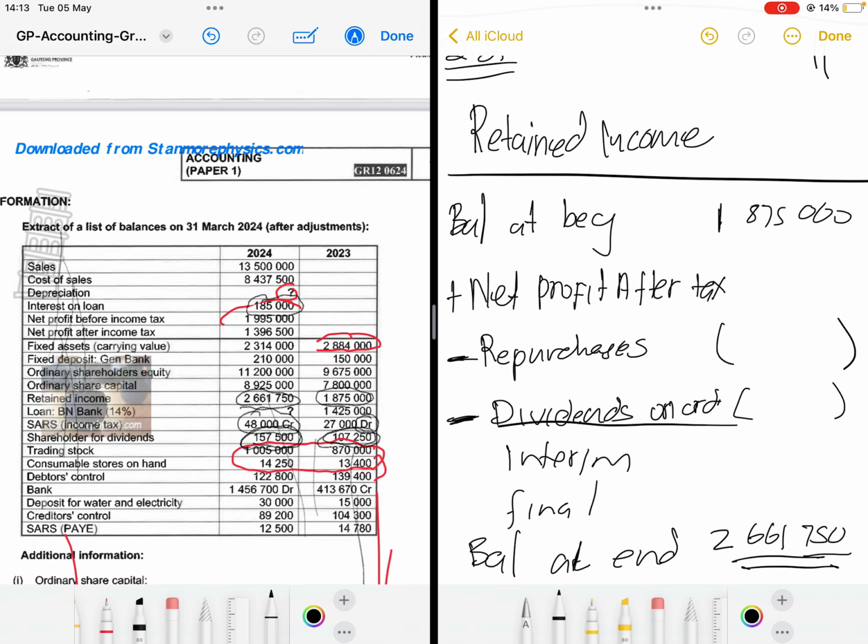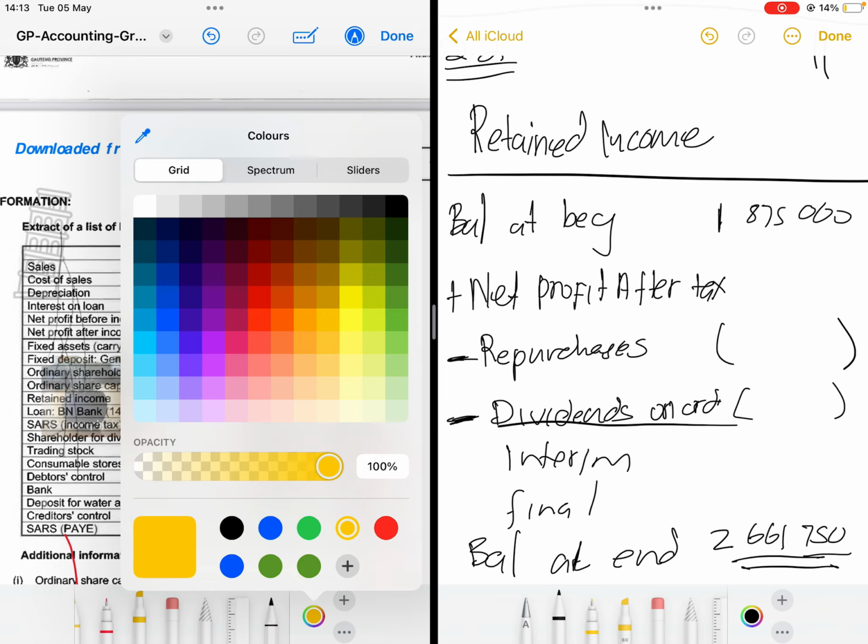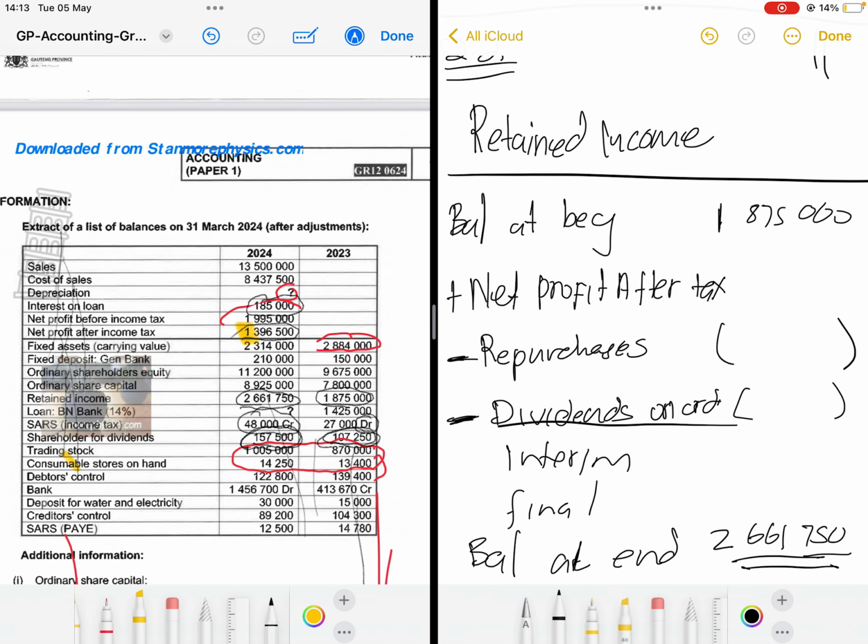Then from there, you take the net profit after tax given there, which is that guy. So I'm going to use a highlighter. So the net profit after tax is 1,396,500. Good.